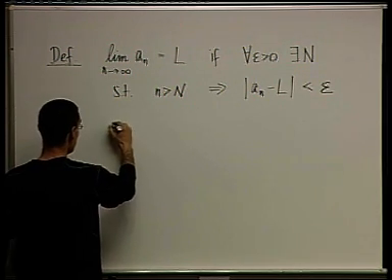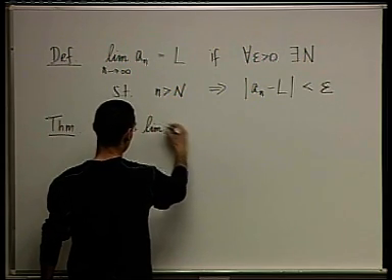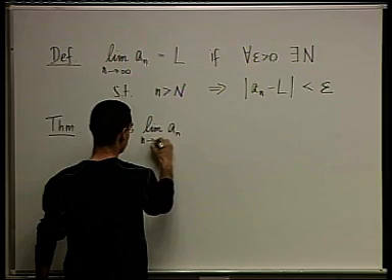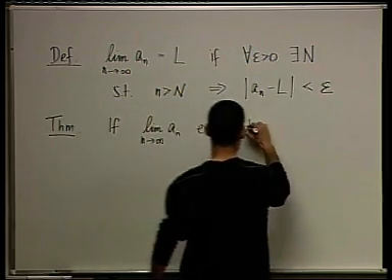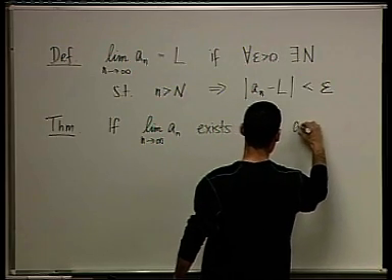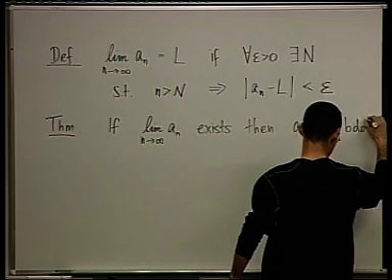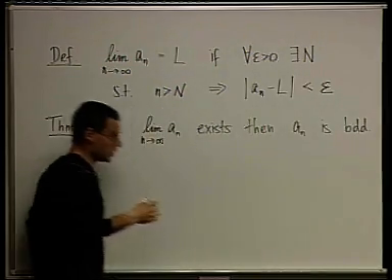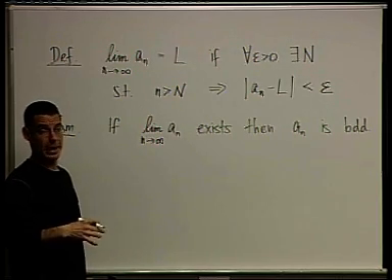Very good. So if the limit of a_n exists, then a_n is a bounded sequence. And the terminology of a bounded sequence is exactly the same as the terminology of a bounded set.